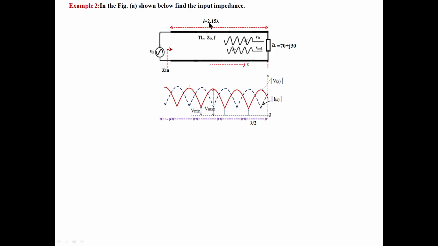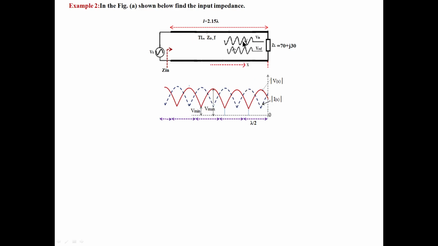Okay, so it is greater than 0.5, so it completes a rotation on the Smith chart. If you want 2 lambda, 4 times you have to rotate. Similarly, 1 lambda means 2 times you have to rotate over the VSWR circle. So like that we find the input impedance at any point.